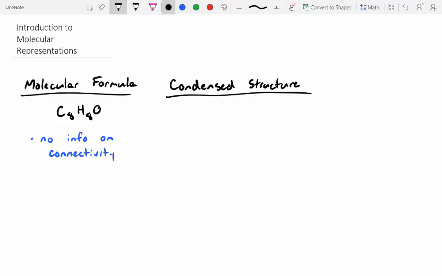And oftentimes, you'll see it written like this. Oops, sorry. That should be (CH3)2CHOH. And the condensed structure is really a way of describing a molecular structure as if you were typing it out. So it will all fit on one line, and you can type it out on your computer.